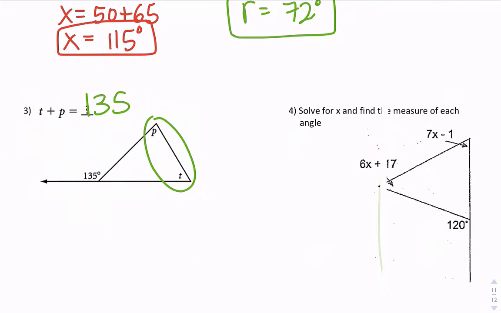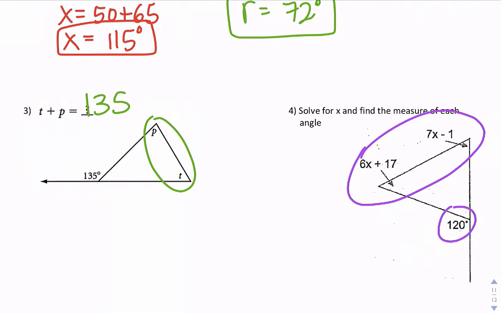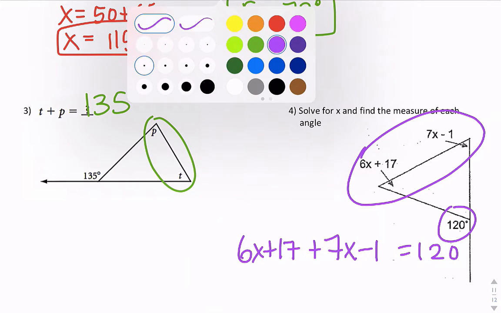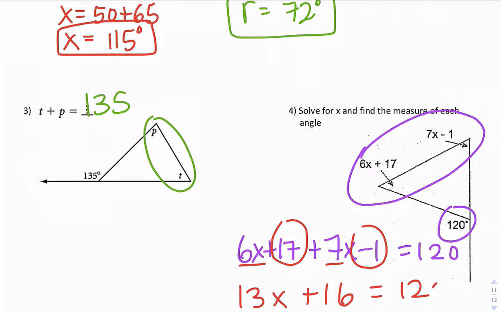All right, and then last example, whoops. So again, we know that these 2 angles together equal the outside angle. So we're going to add them up. 6x plus 17 plus 7x minus 1. Together, they equal 120. So let's combine like terms here. We'll add our x's. We have 13x. We'll combine our 17 minus 1 is 16, equals 120.